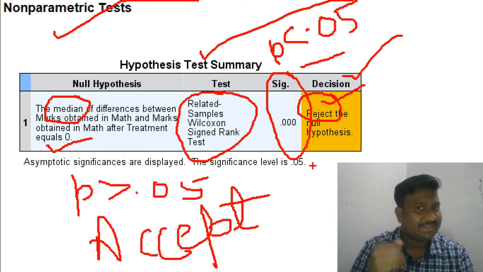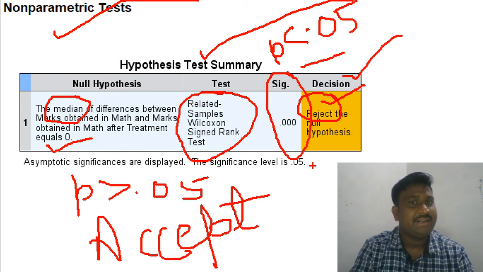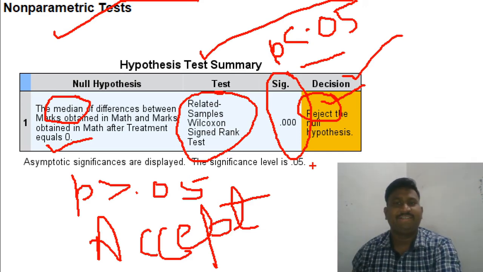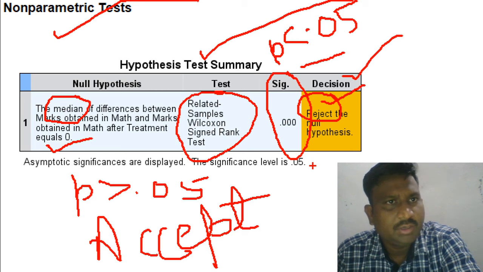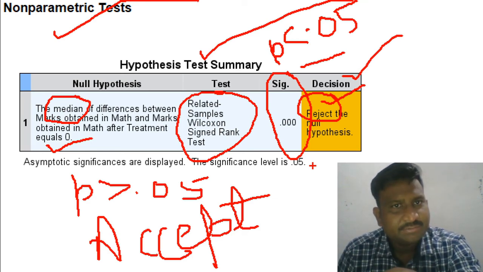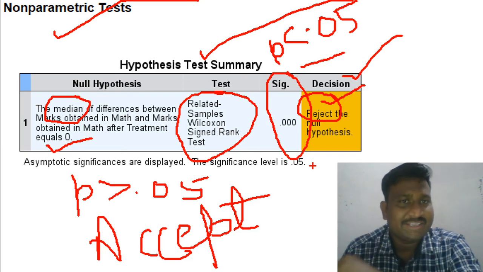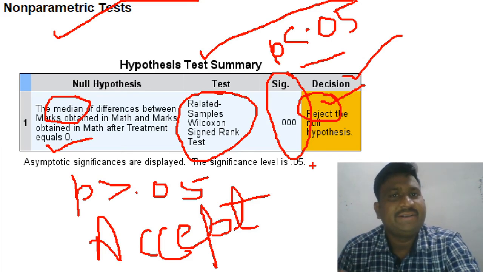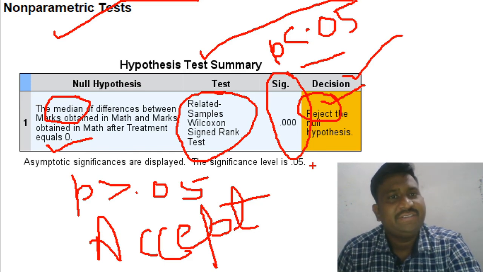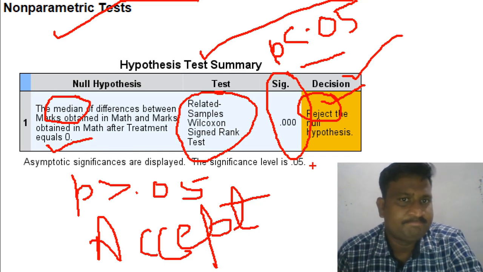So after the treatment, this median significantly increased, which means students have increased their score significantly. It means our experiment has positive results. What was our experiment? ICT enabled teaching plans for mathematics. So that has a positive effect on students' learning.